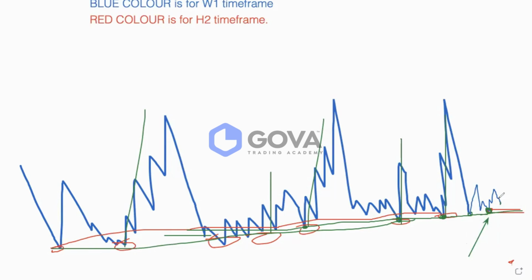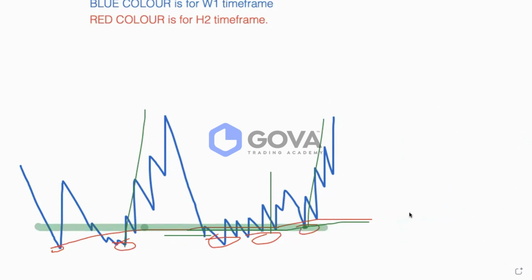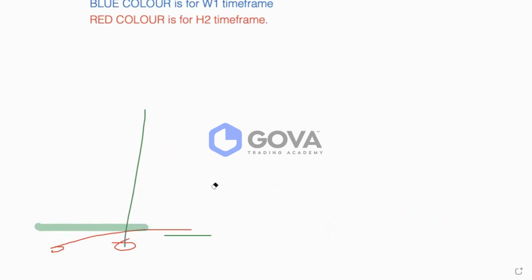So we expect price to come back into the level and then continue going up, because this level is a very strong demand level on a higher time frame. Many of you guys usually take opposite trades of the higher time frame formations, so stop doing that.